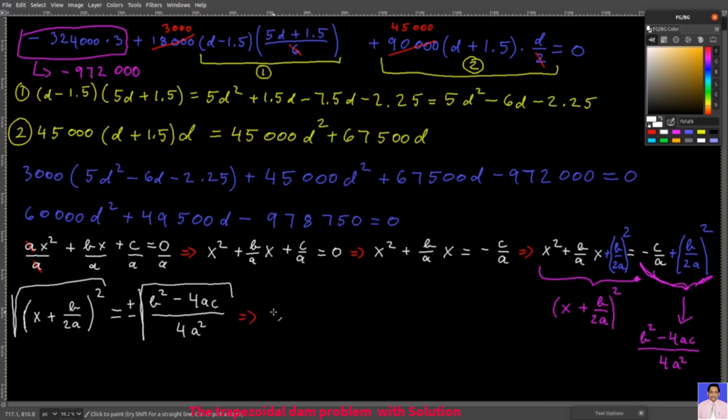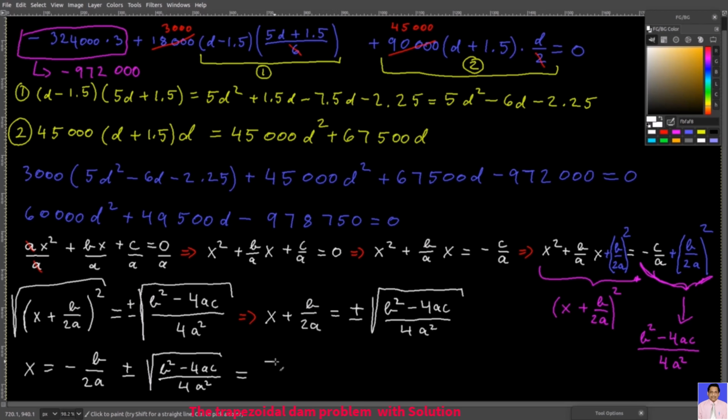And so you will have this thing here. In other words, you will have x equals this thing, or simply you have this expression here. And that's the quadratic formula to solve for x. So you can use it to solve for your d.